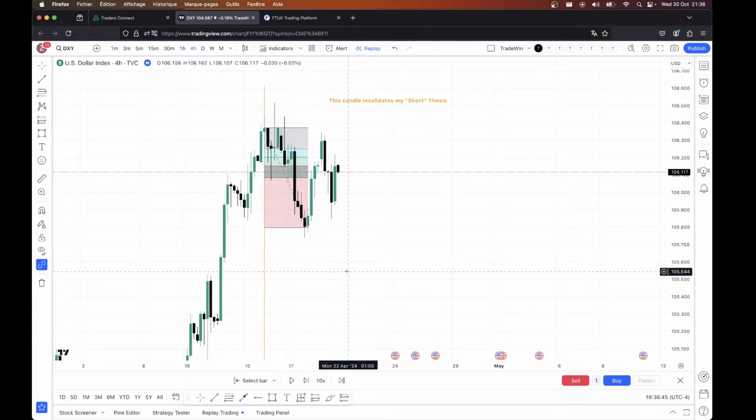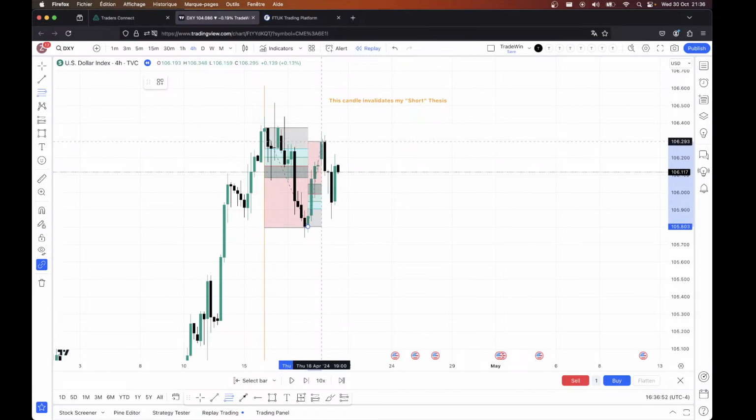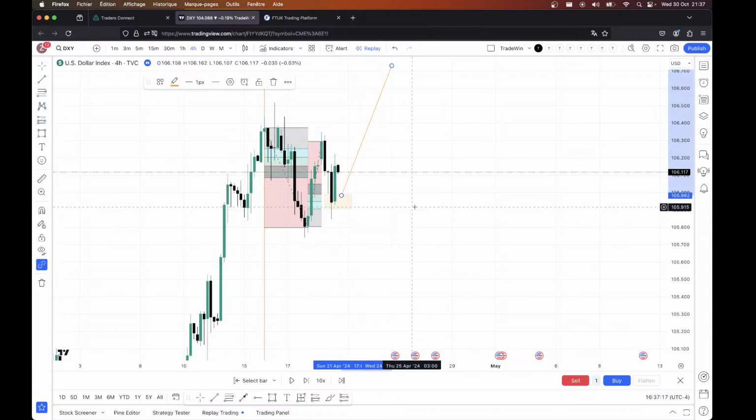What's interesting here is that when you take the Fibonacci retracement from this low to this high, you can see this time that the OTE zone is here and is respected. You can see the wick going below, but the bodies of the candles respect that. So this might be an indication to go long. Here what we could expect is to go maybe higher.